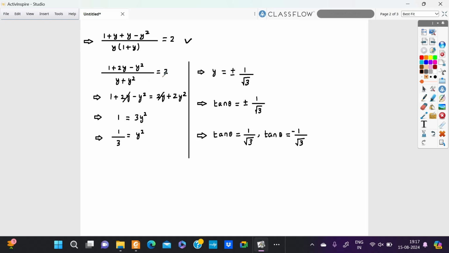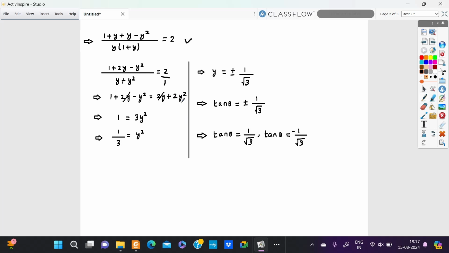Since you have a single denominator on either side, you could just cross multiply. So this denominator 1 goes to the right hand side as a product, and y plus y square goes to the left hand side as a product. Therefore you have 1 plus 2y minus y square on the left, and on the right side multiplied by y plus y square becomes 2y plus 2y square, just a cross product.